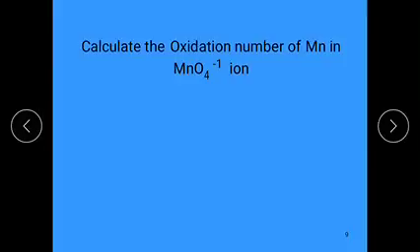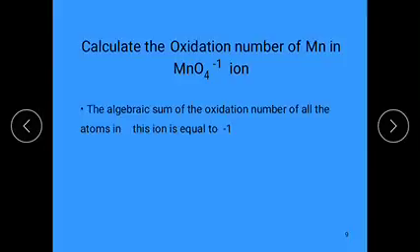Let us see one more problem: calculate the oxidation number of manganese in the MnO4 minus ion. The algebraic sum of the oxidation numbers of all the atoms in this ion is equal to minus 1. In the case of polyatomic ions, the sum of the oxidation numbers of atoms in the ion is equal to its net charge.